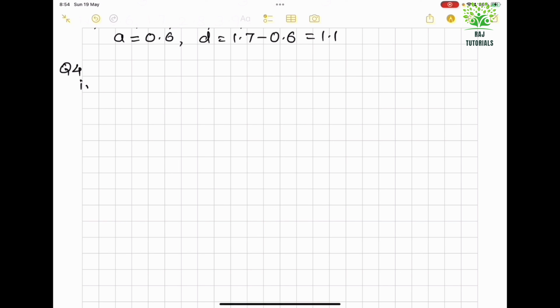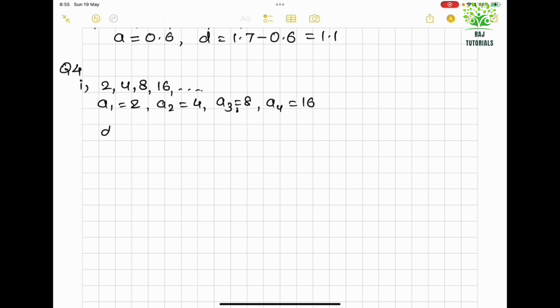Okay, so here first one is 2, 4, 8, 16. So A1 is 2, A2 is 4, A3 is 8, A4 is 16.